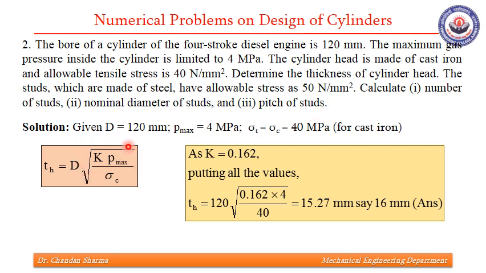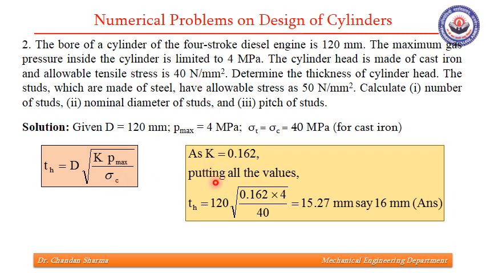We know this formula for finding thickness of cylinder head, where D is diameter of bore, K is a constant which is 0.162 for cast iron, P_max is given to us as 4 megapascal, and sigma C is the permissible circumferential or tensile stress, which is 40 megapascal.